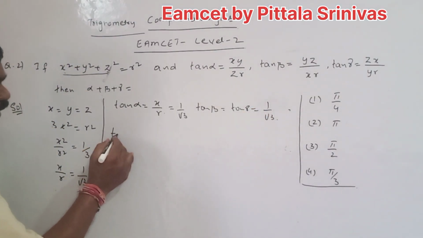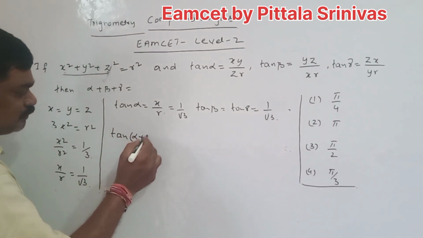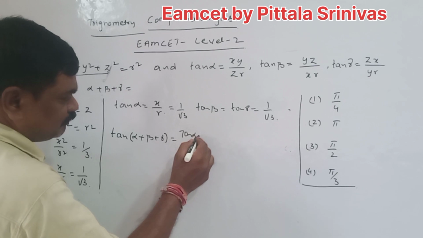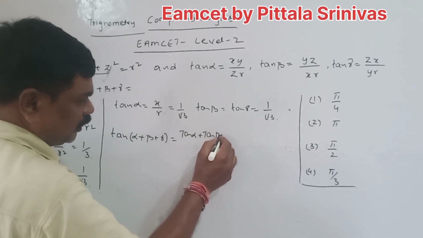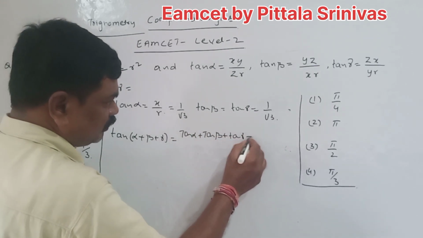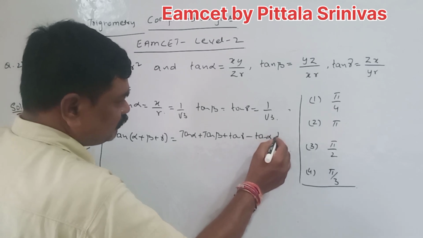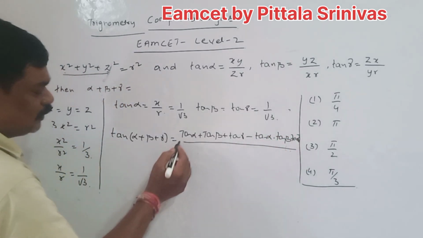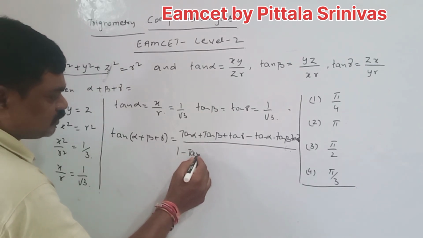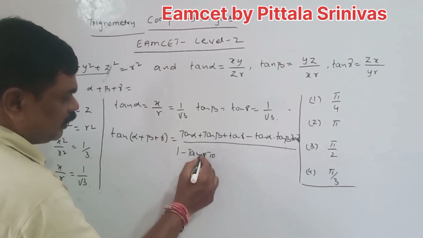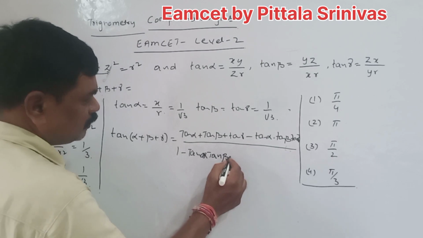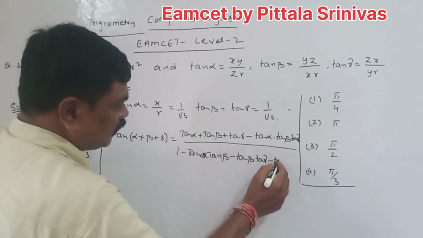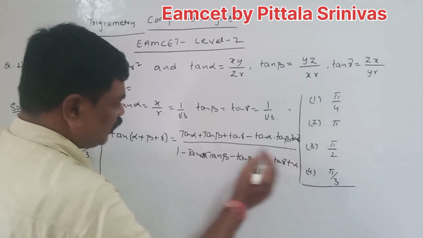So we know the formula: tan of (alpha plus beta plus gamma) is equal to (tan alpha plus tan beta plus tan gamma minus tan alpha tan beta tan gamma) by (1 minus tan alpha tan beta minus tan beta tan gamma minus tan gamma tan alpha).